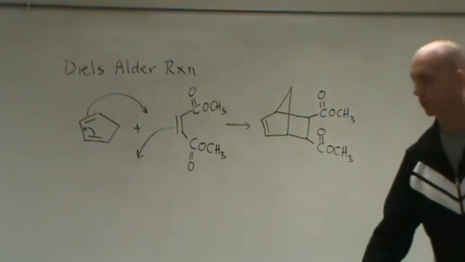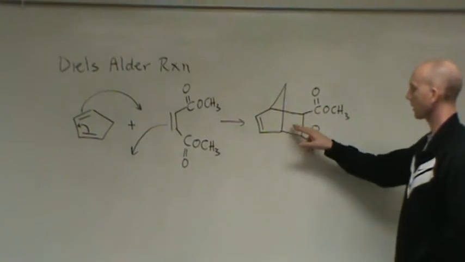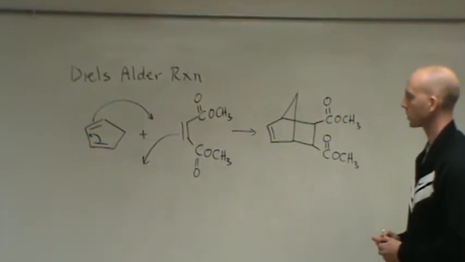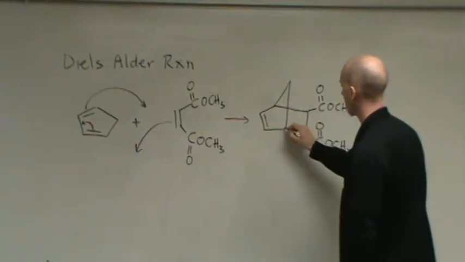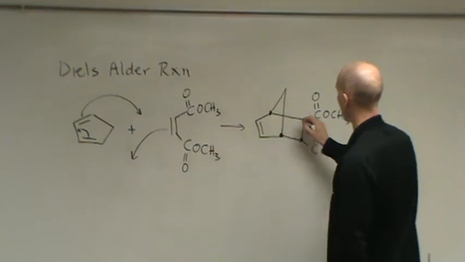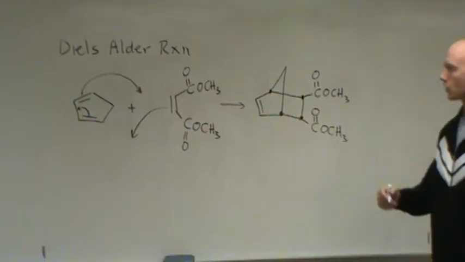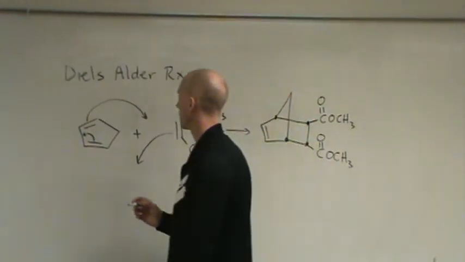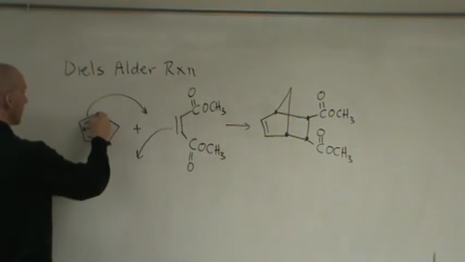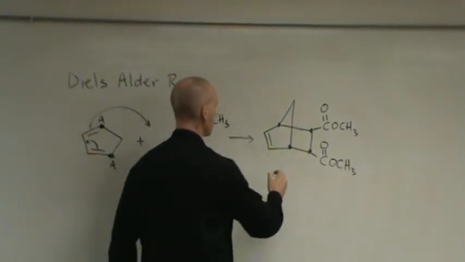If you note, our new bonds are here and here. So let's draw the carbon atoms that got attached here, here, here, and here. Where are the carbons over here? Well, they're right here and here. So we call these our A carbons.